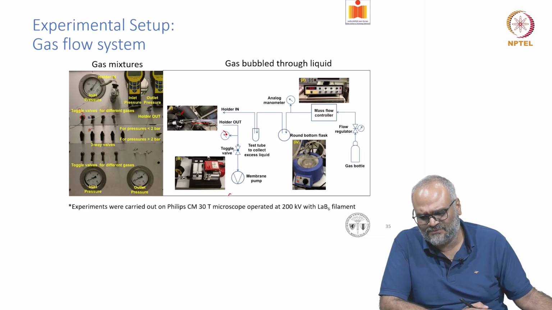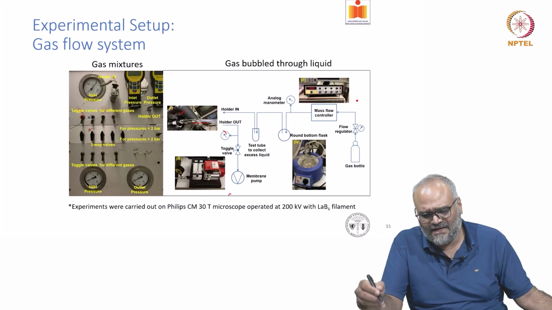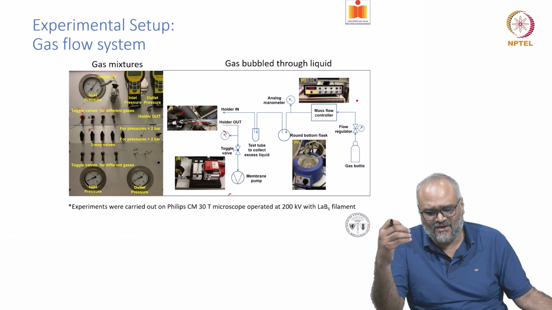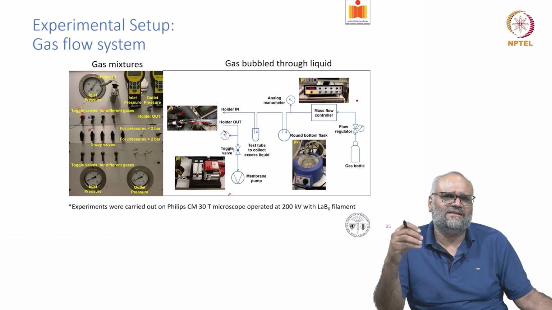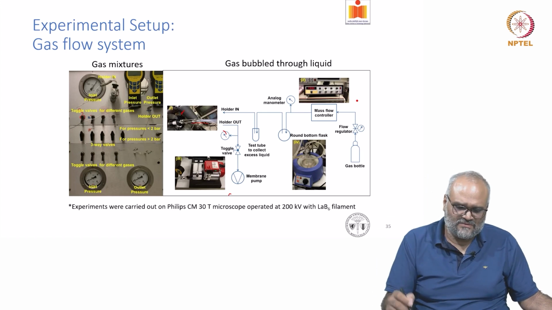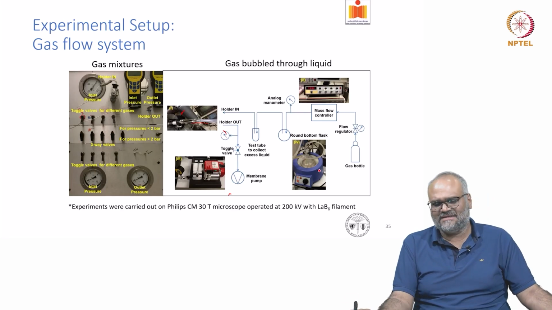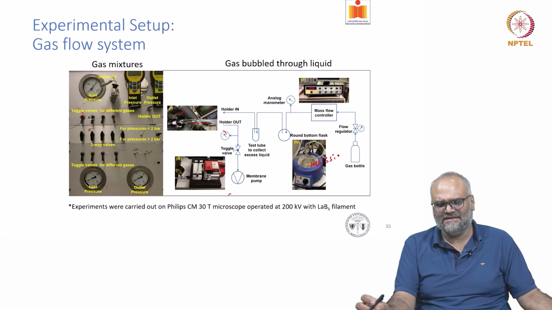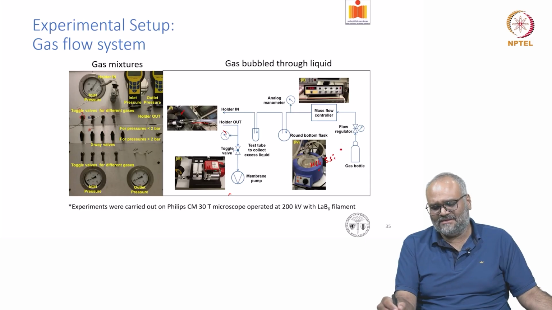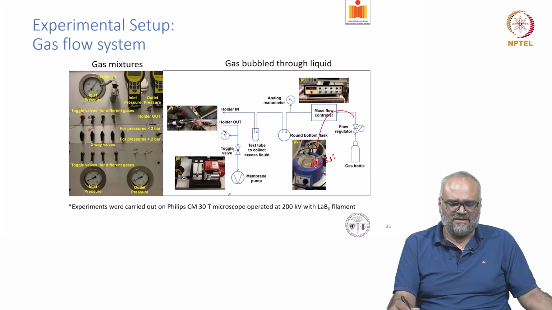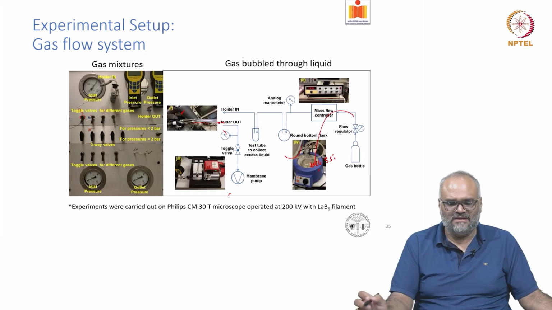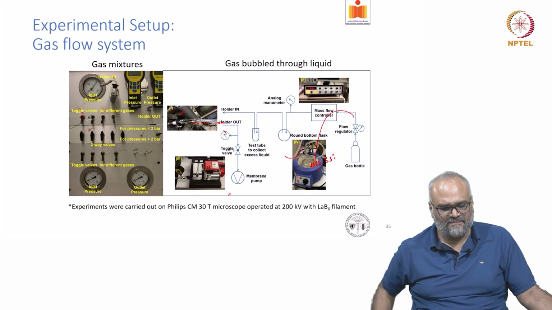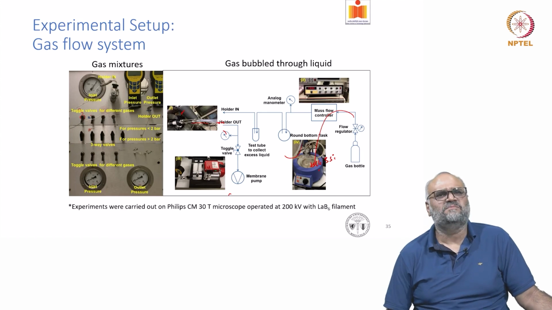But the very first version, we simply had a mass flow controller, and because we wanted to introduce oxygen bubbled through HCl at pH 3, this round bottom flask here actually has HCl maintained at around 35 degrees centigrade, and by flowing oxygen through, and the tube here is then connected to the holder, and there is also a bypass valve in case there is a rupture of the membrane.